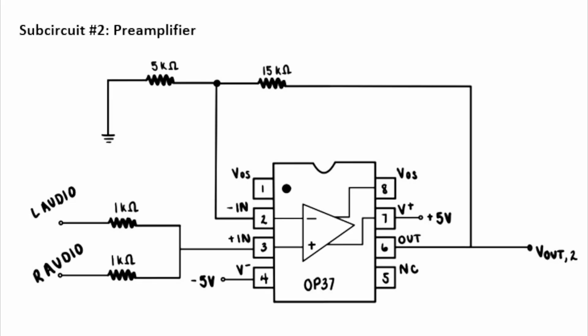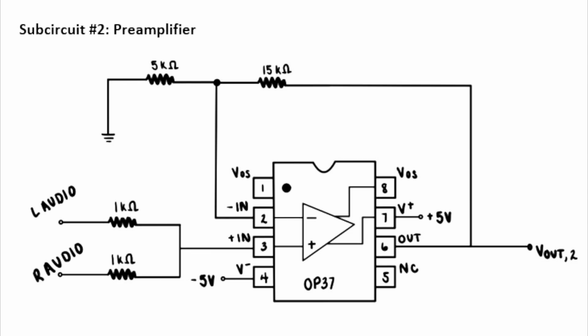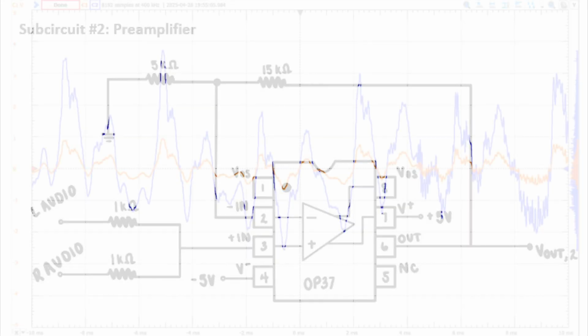So amplifying the input signal by a factor of 4 increases it to approximately 4 volts peak to peak, which is sufficient for comparing the audio wave to the triangle wave generated earlier. The standard gain equation was utilized, setting gain equal to 1 plus R2 over R1, and that is how both resistors were selected for this amplifier.